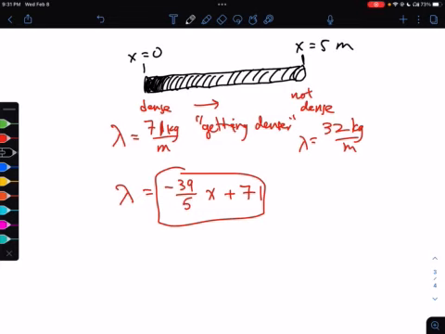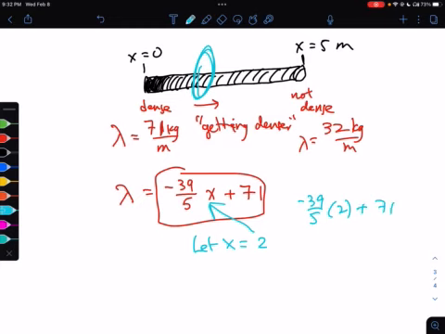And basically, this is a really cool little function. You could plug in, like, let x equal 2, and that'd be like right here. And then you just put that in there, and lo and behold, you now know the density at that location. Let's see what that would be. Negative 39 fifths times 2 plus 71.